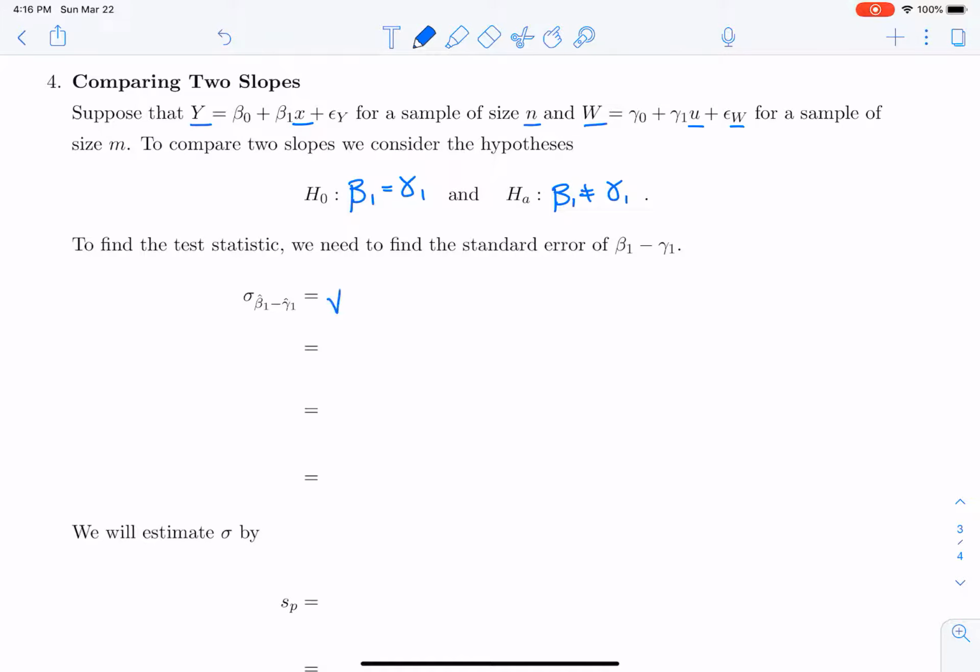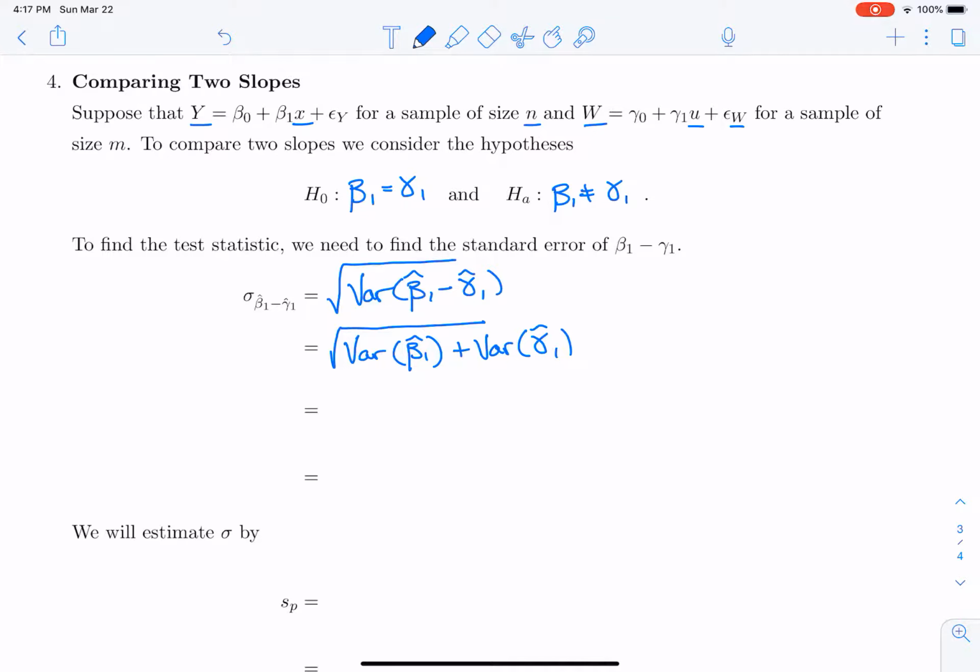That's going to be the square root of the variance of our beta 1 hat minus gamma 1 hat. Well, that's the square root of the variance of beta 1 hat plus the variance of gamma 1 hat.